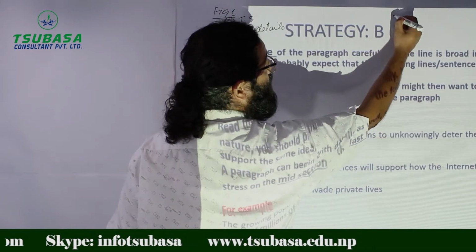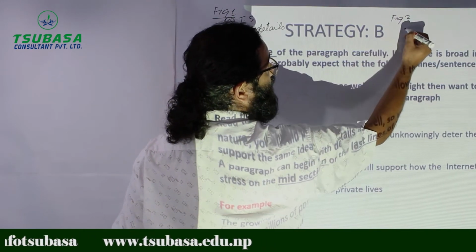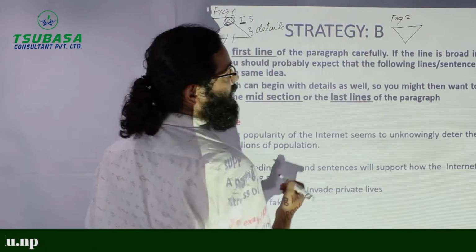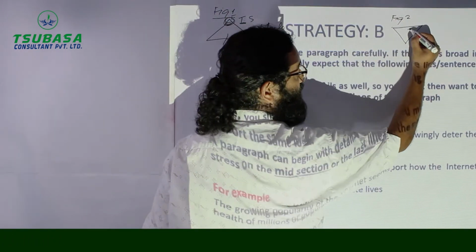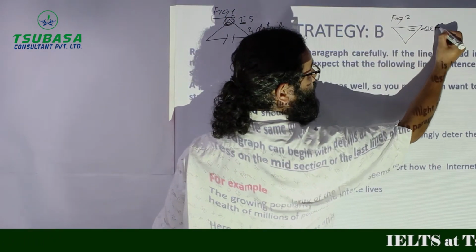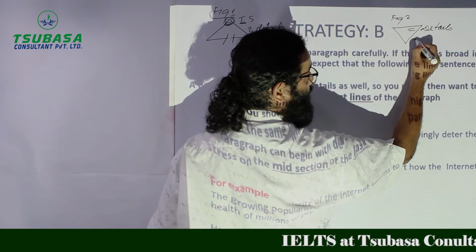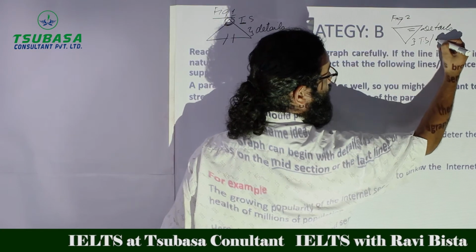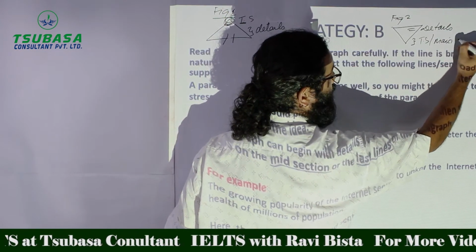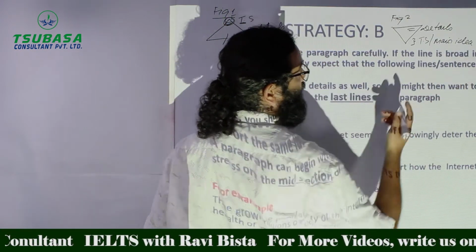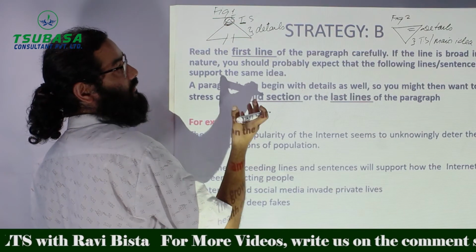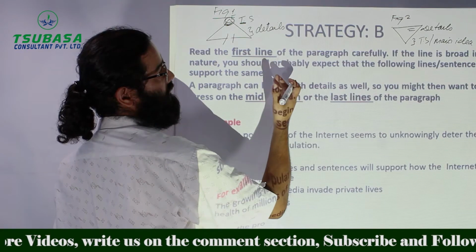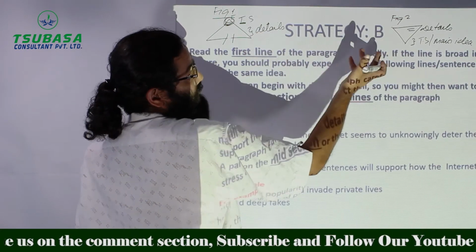Now, what does figure 2 say? Sometimes it is just an inverted pyramid. So this means he starts with details and then he gives a conclusion. This is the topic sentence or main idea. Now again, sometimes the writer may not use both of these figures.